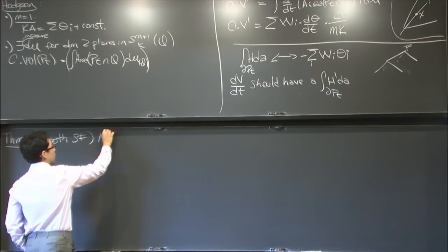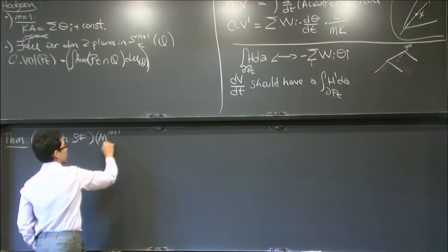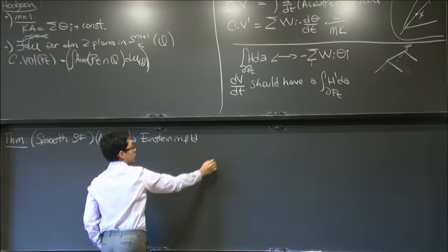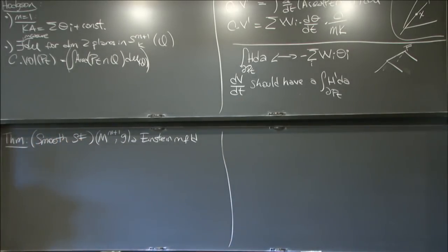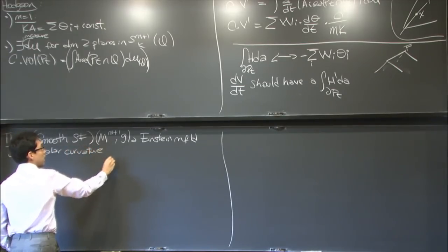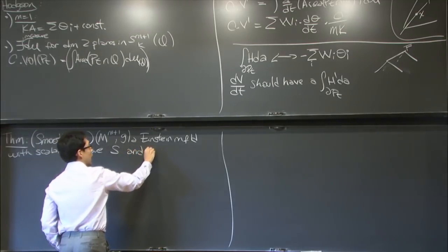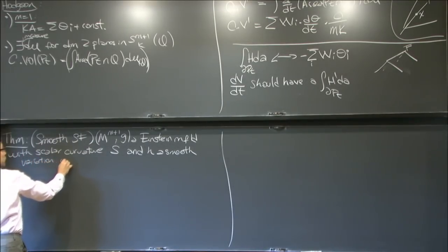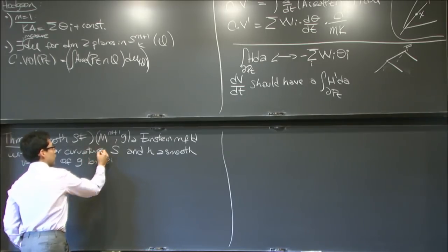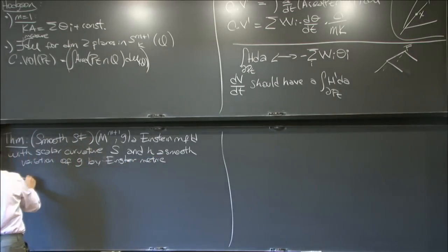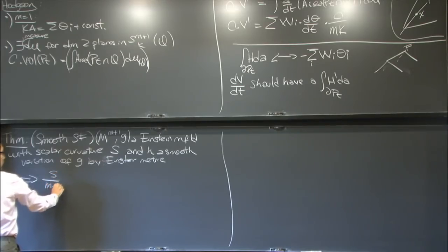Let me take an (m+1)-dimensional Einstein manifold, with a metric such that the Ricci tensor is a fixed constant times the metric, with constant scalar curvature equal to S, and let h be a smooth variation of g by Einstein metrics. Then you have the following formula for the variation of volume.